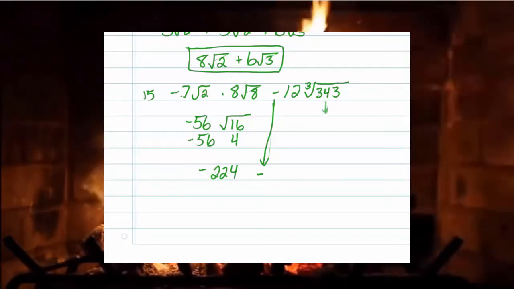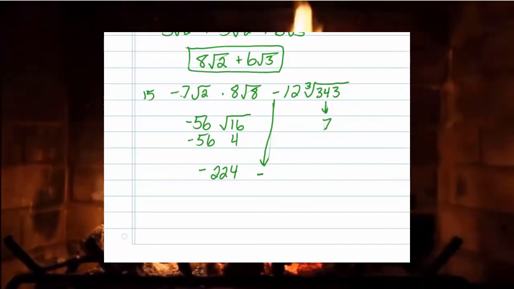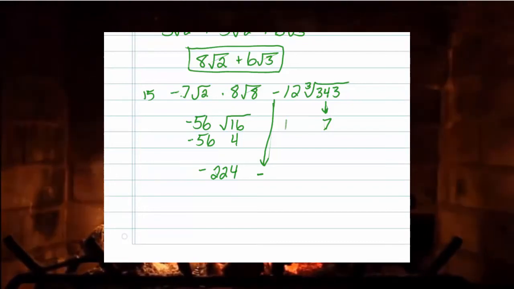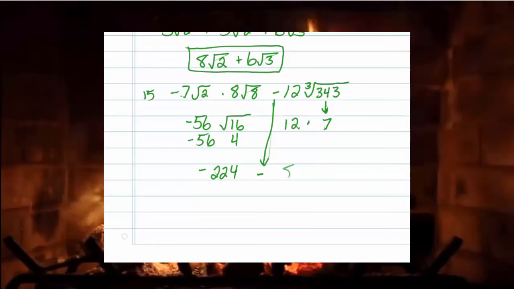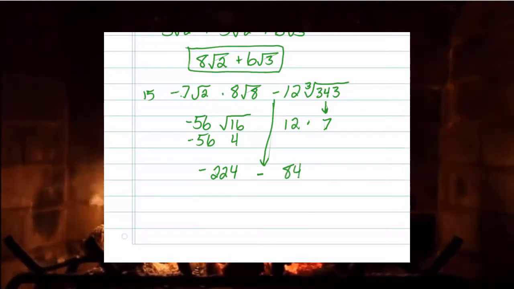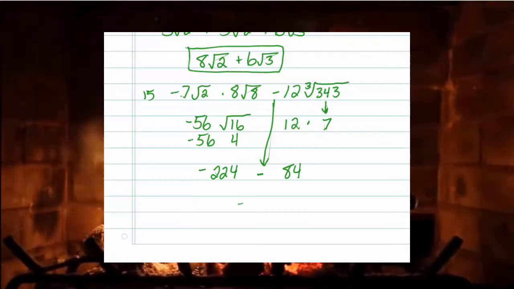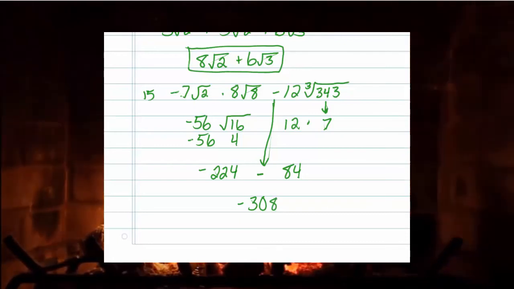And once you divide it by 7, you're going to end up with 49 and realize right away that the cubed root of 343 is 7. Now we have 12 times 7, which gives us 84.